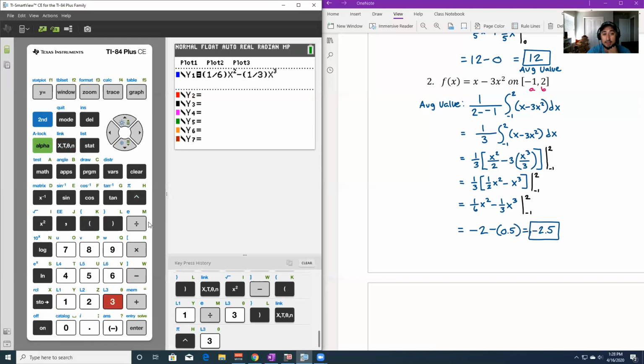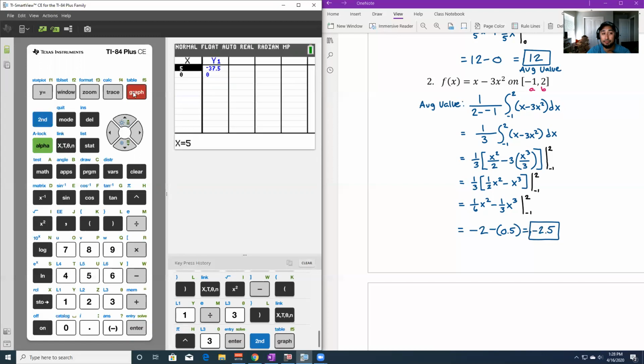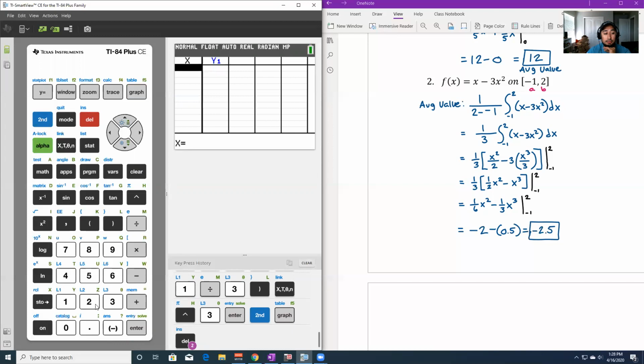Just like that. 1/6 x squared minus 1/3 x cubed. Enter. All your settings should be the same still, so all you have to do is hit second and graph. Delete the numbers that are there, and let's type in 2. You'll get -2. Let's type in -1. You'll get 0.5. -2 minus 0.5, -2.5.